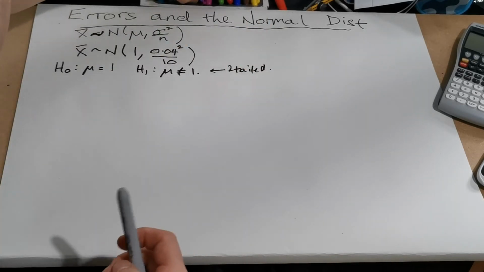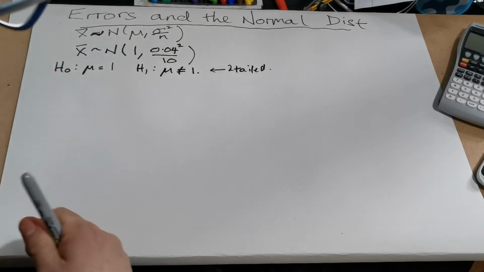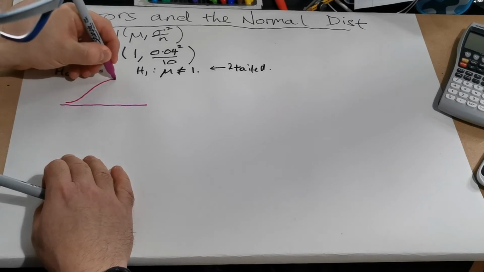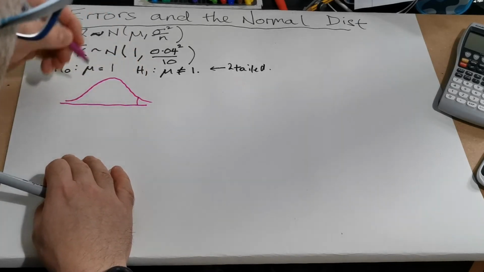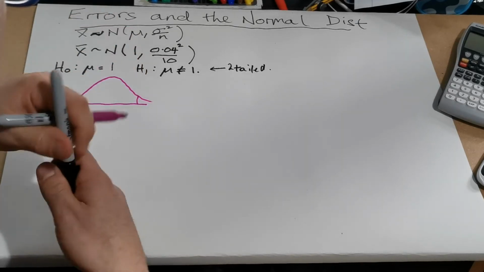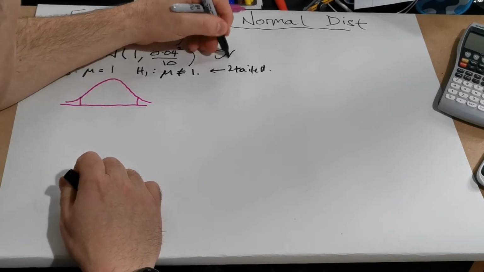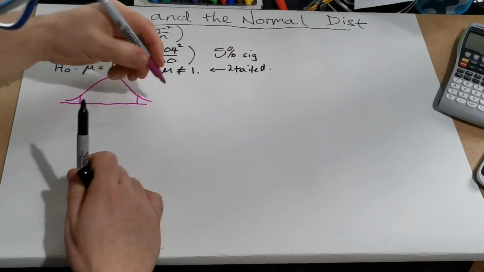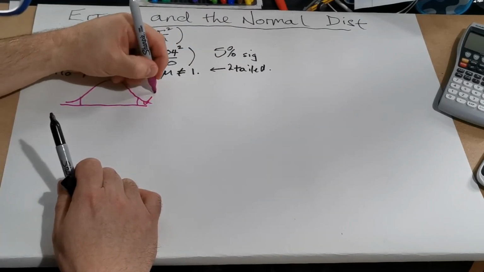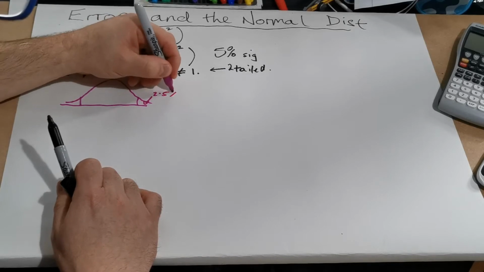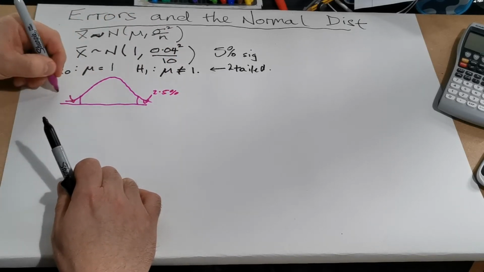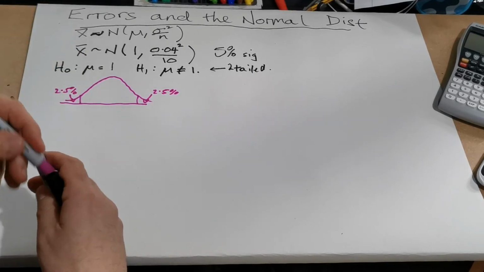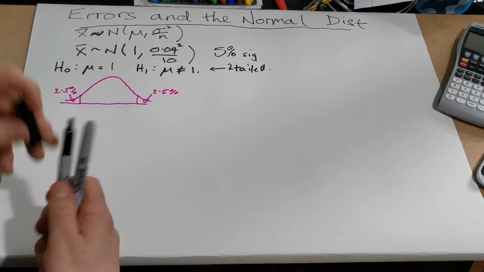So I'm looking for two bits, and it's worth reminding that it's 5% significance, where that is 2.5% and that is 2.5% to make up our 5% significance.